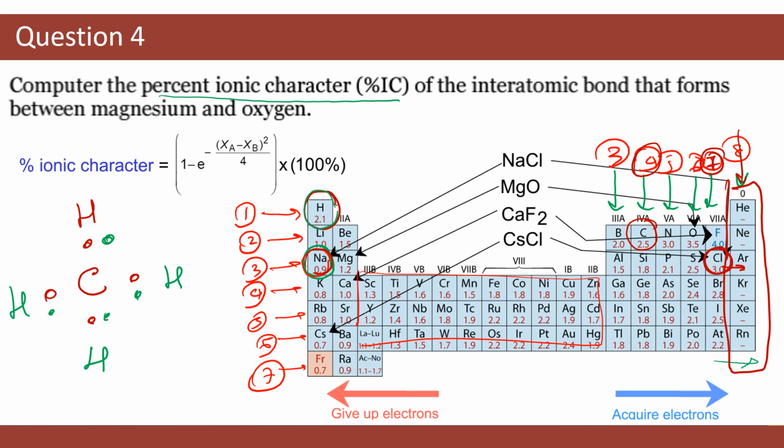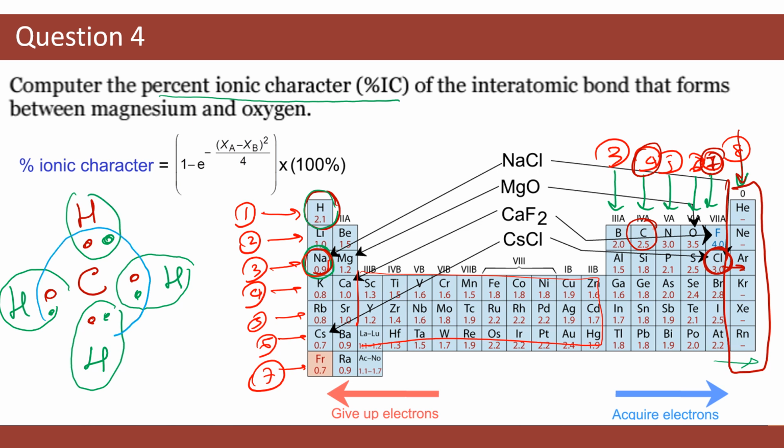S has two electrons, so it will be fully filled. So hydrogen would like to share electrons with carbon and make a covalent bond. And carbon would like to share electrons with hydrogen, and it will have 8 electrons at the outermost shell, and it is stable. So now carbon and hydrogen both are stable, but here it is not an ionic bond, this is a covalent bond. Why is that?